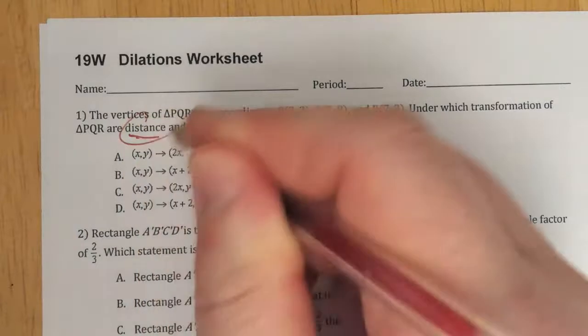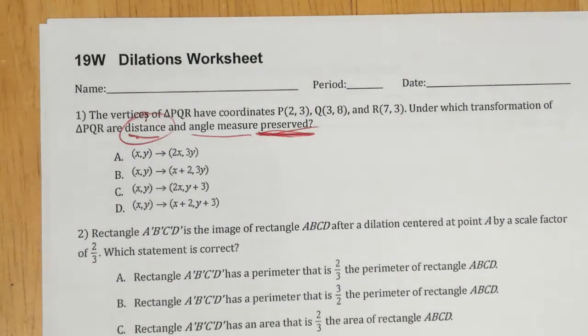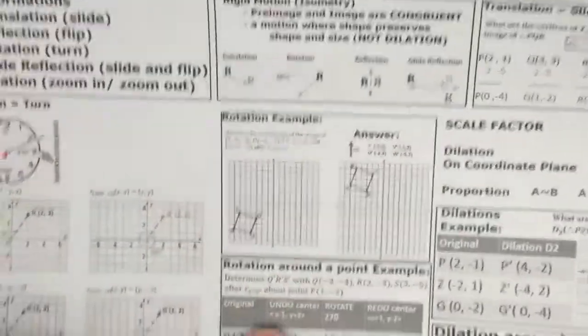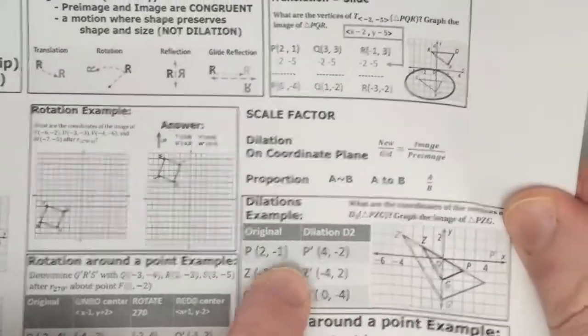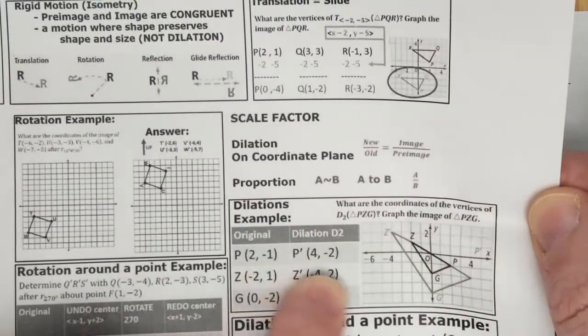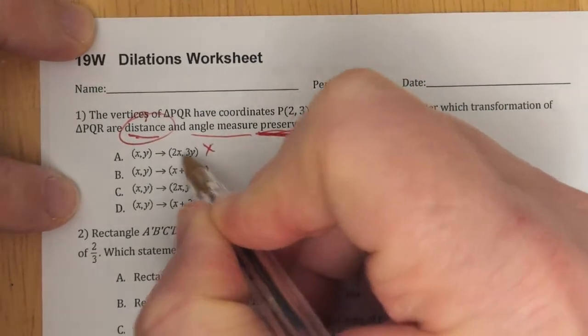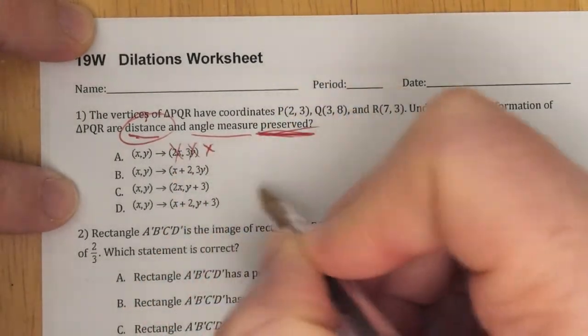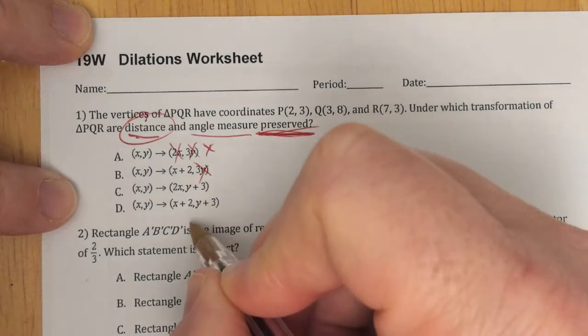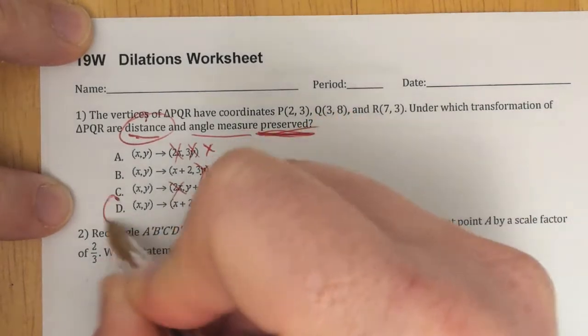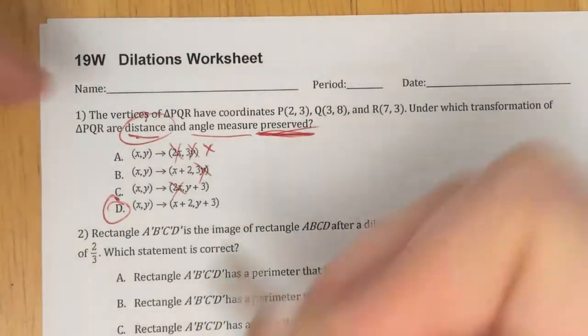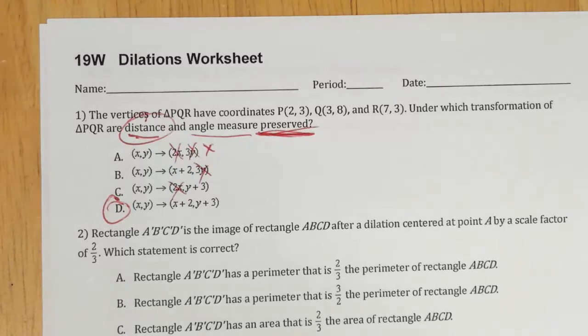So basically, anything that doesn't have multiplication, because that's what dilation is, right? Dilation is you're multiplying by stuff. So not this. See how we have multiplication there? Not this. Not this. This is the only one. And what is that? That is actually a translation where you just slid it over.